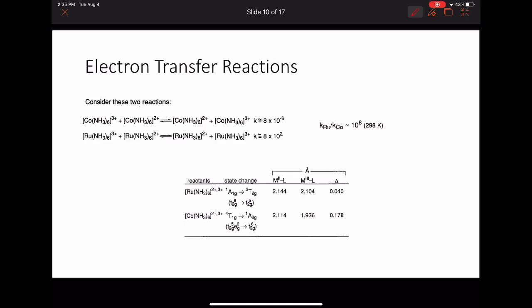What we find is that the ruthenium reaction is substantially faster than our cobalt reaction. And a way that we can justify this is based upon the change in electron configuration as we have an electron transfer process.